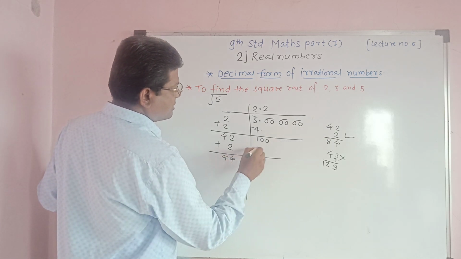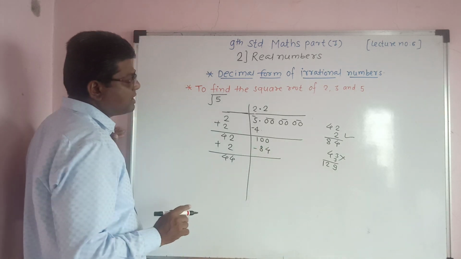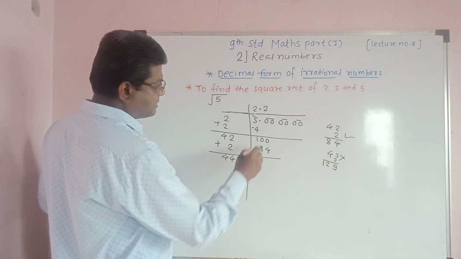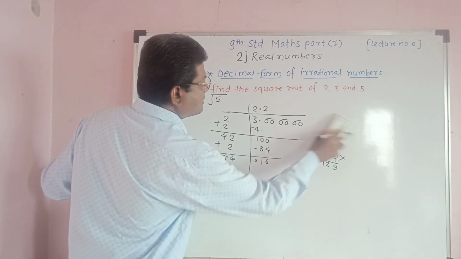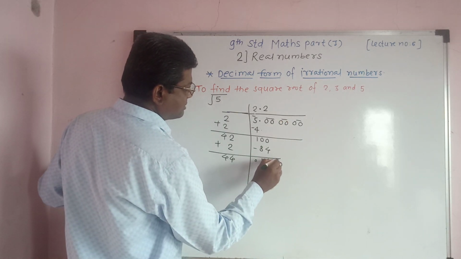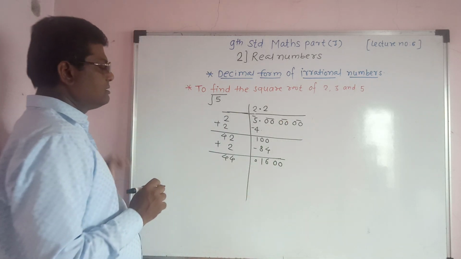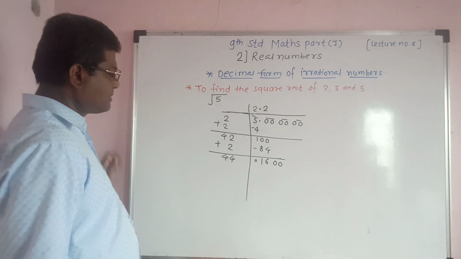Subtract this 84 from 100, and what will remain is 16 here, and take 2 zeros on 16. So the number will be 1600 now.